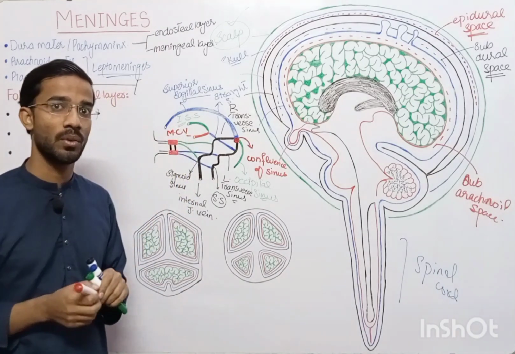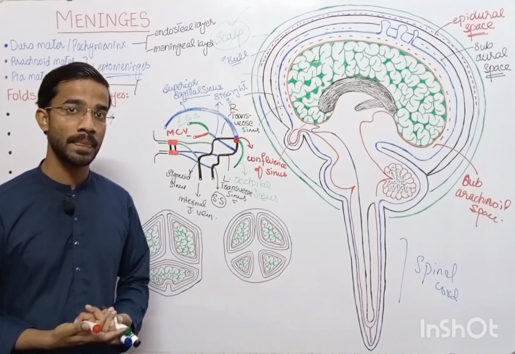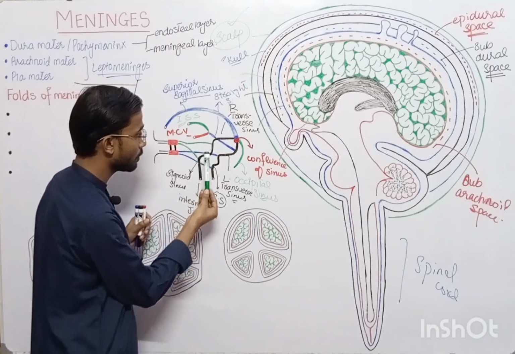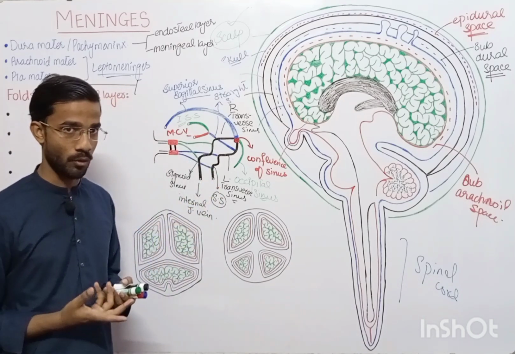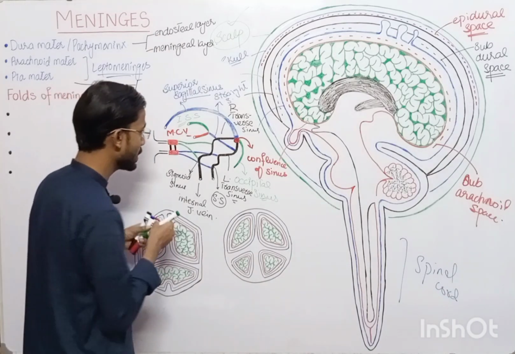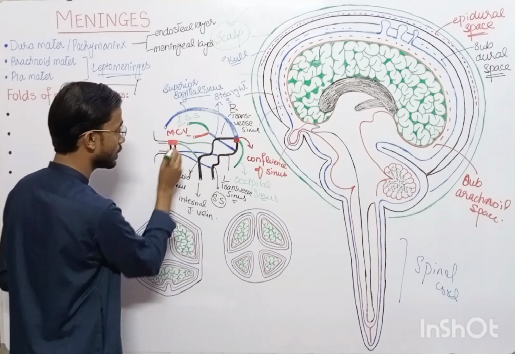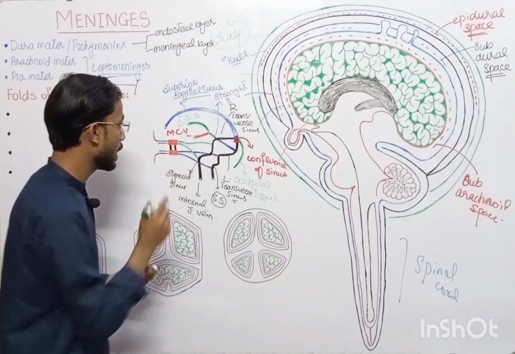This is a vein which has a relatively smaller diameter as compared to the sinus. You can see that from the transverse sinus, two branches of other sinuses will evolve. I am talking about this green color. This sinus is called the petrosal sinus.